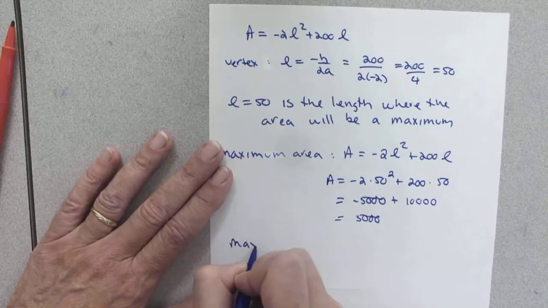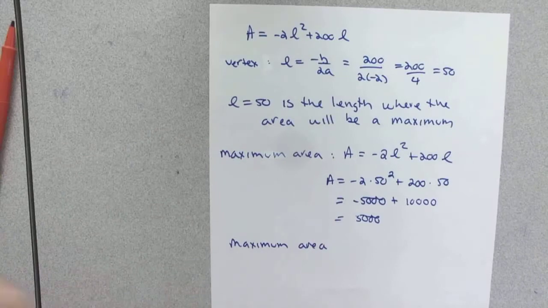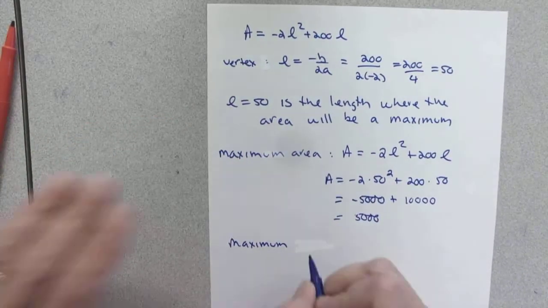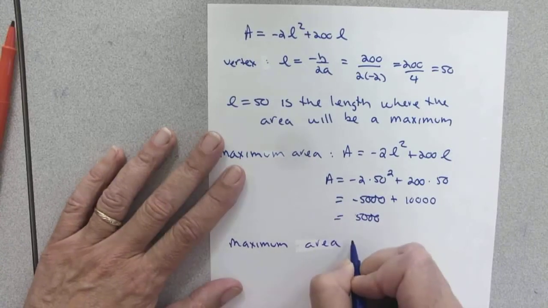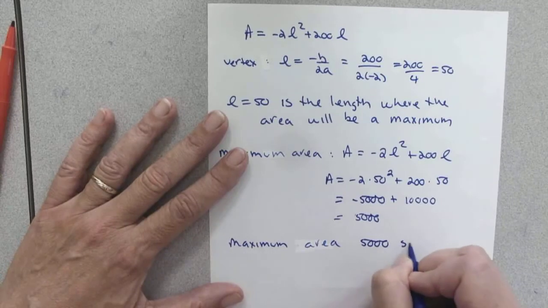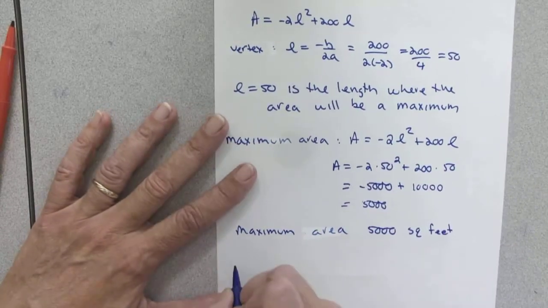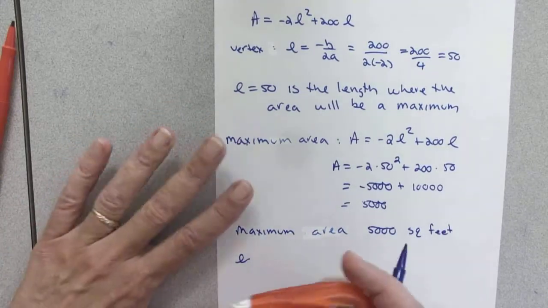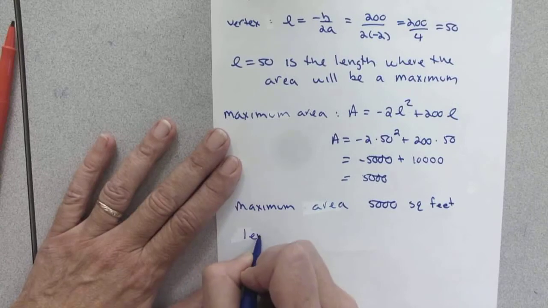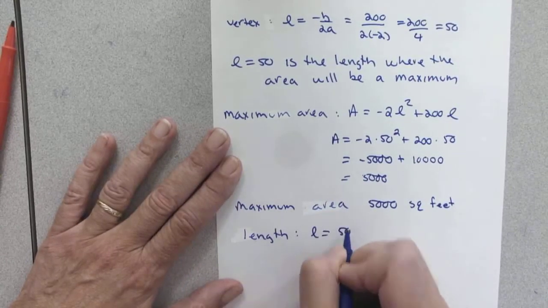So the maximum area was 5,000. We were measuring in feet, so that'd be square feet. The length, we already have that. The length was L equals 50.